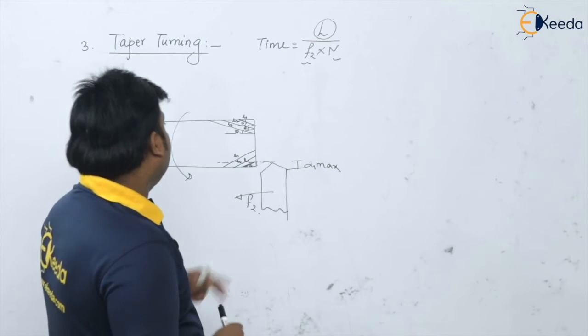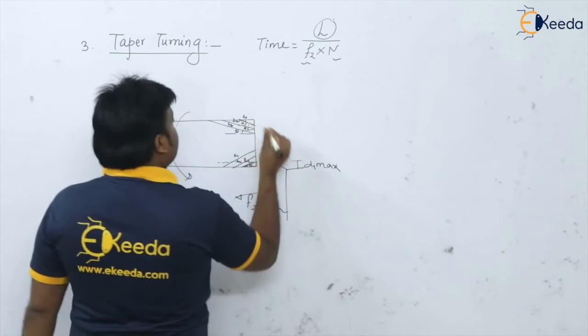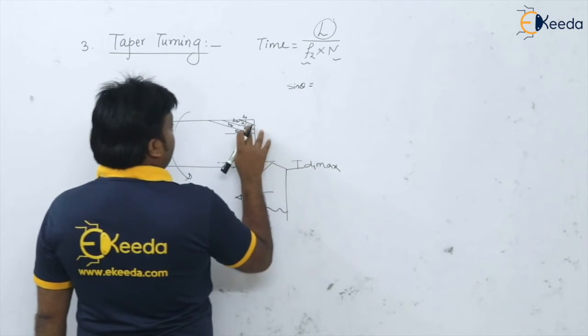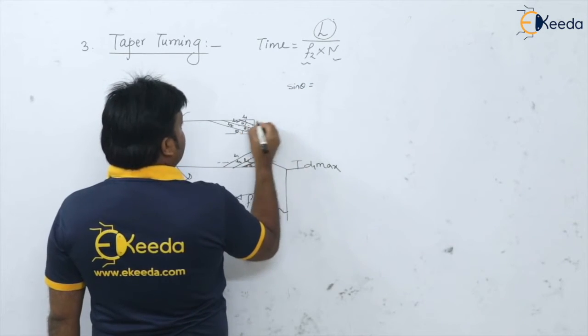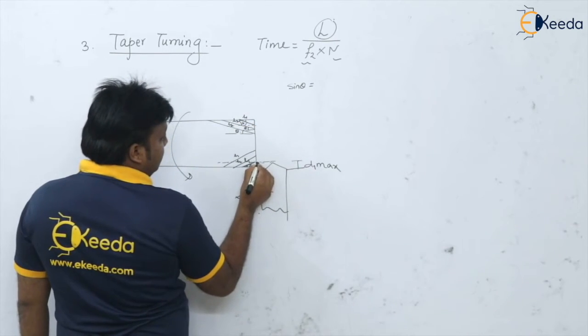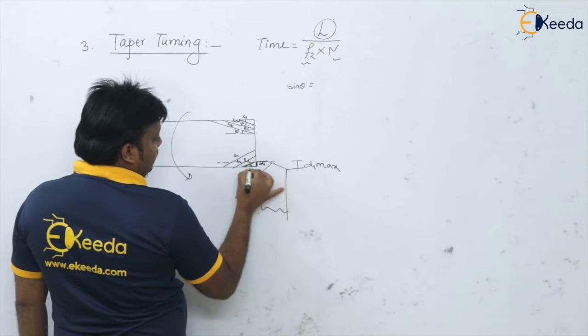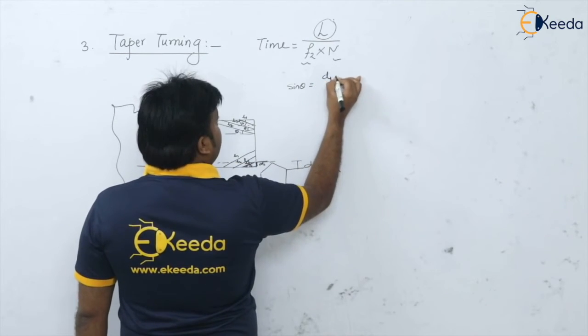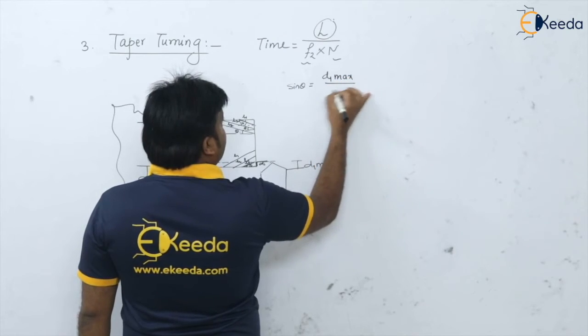Let us see. If I write sine theta for the first cut, this is nothing but d1 max divided by the hypotenuse L1. So sine theta is d1 max divided by L1.